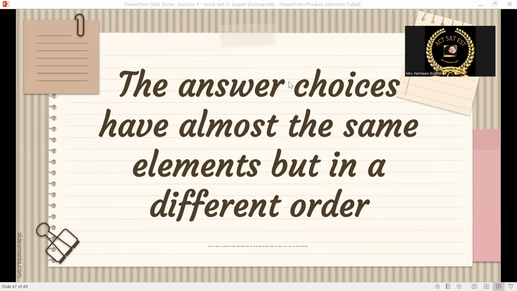You will find that the choices have almost the same elements but in a different order. The answer choices have almost the same elements, but in a different order.